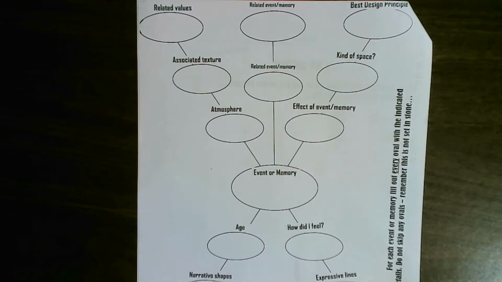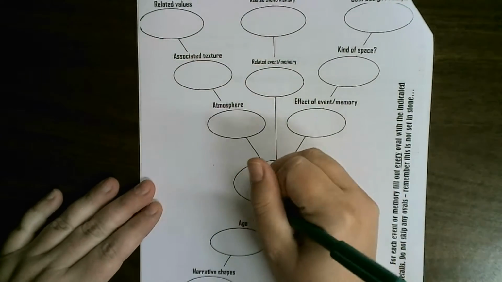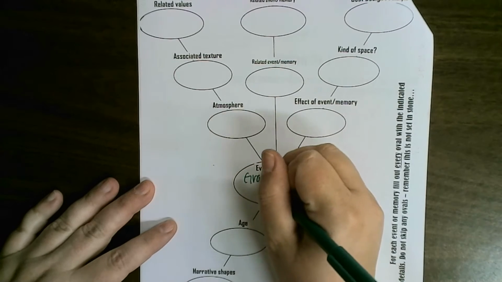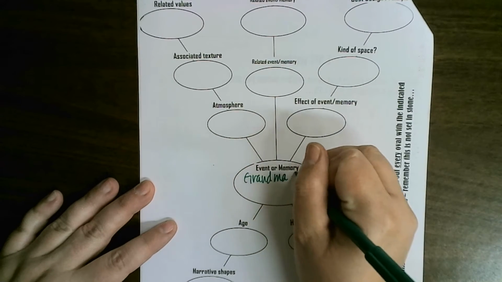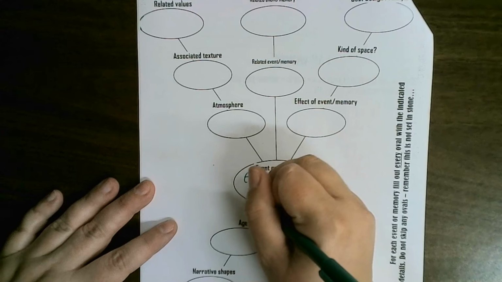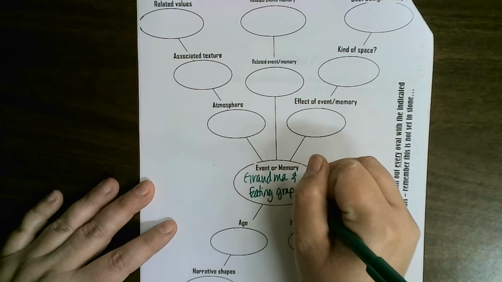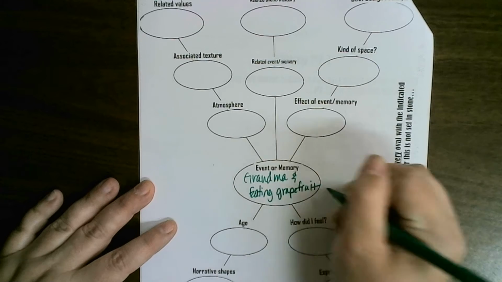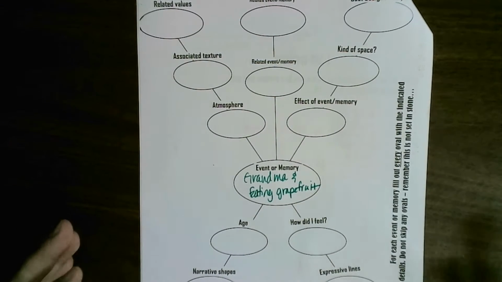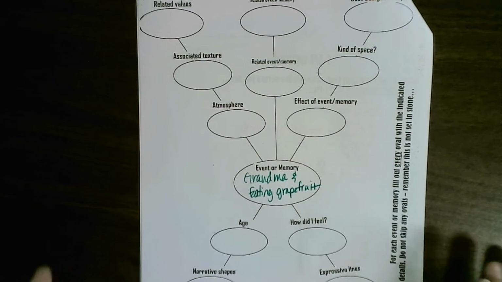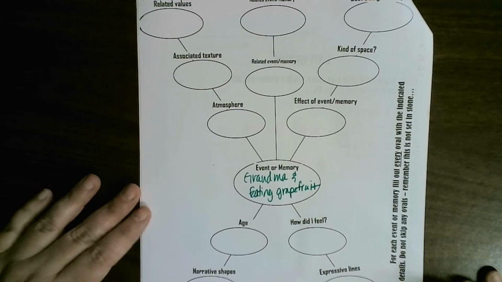So I'm going to do my first memory that I ever recall, and that's of my grandma and eating grapefruit in her little dining room in a farm in Nebraska, which I didn't know her very well, and I had really never been to that farm.